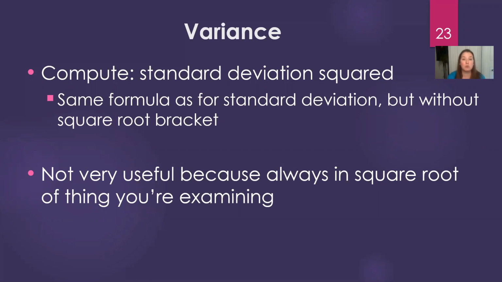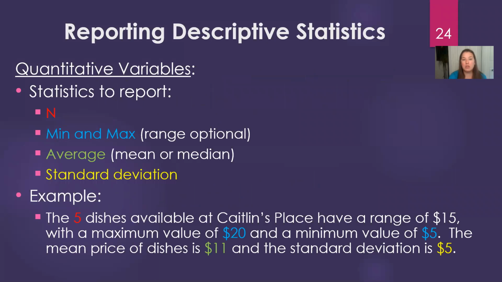Remember, variance is one of the measures of dispersion that I want you to know exists, but I won't be asking you to calculate. Then the last part before we do the practice is on how to report descriptive statistics. Descriptive statistics are our measures of central tendency that we did last week in chapter 2, and now our measures of dispersion that we've done this week in chapter 3.